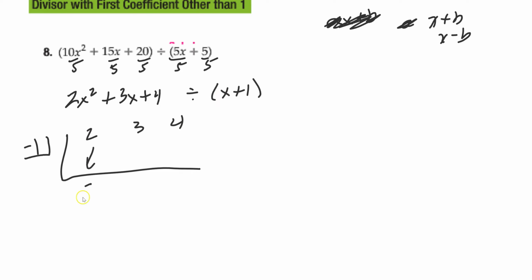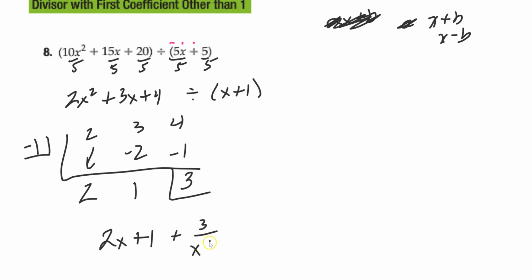Bring the first one down. That's our remainder. Multiply across, add down, multiply across, add down, and get that. So my answer in this case would be 2x, right? It's always 1 power less, plus 1, plus 3 over what we divided by. In this case, we divided by x plus 1. So that'll be my answer.